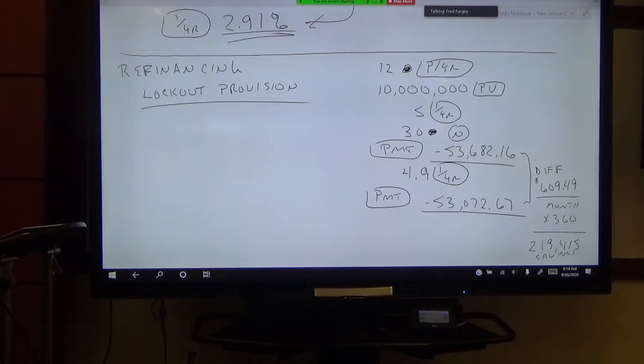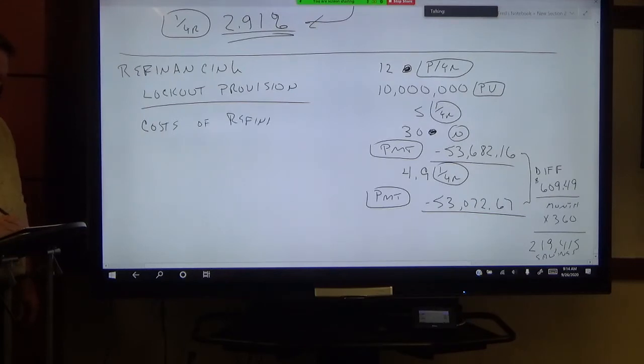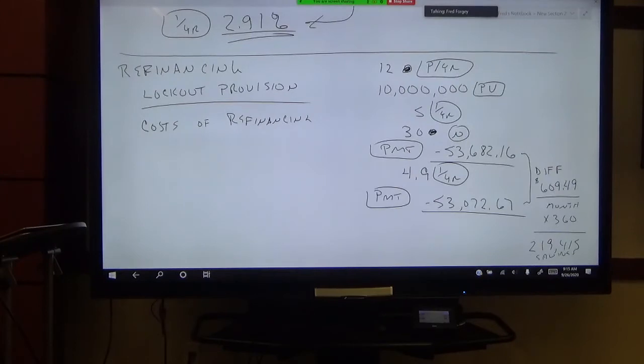But what I'm simply wanting to make sure that I articulate is you need to think about what the cost of refinancing might be. And this is going to be all those additional fees and charges and so forth that you may incur up front whenever you make the loan. Are you also potentially walking yourself into a new loan that could have more restrictions than what you currently had with the existing loan? Yep.